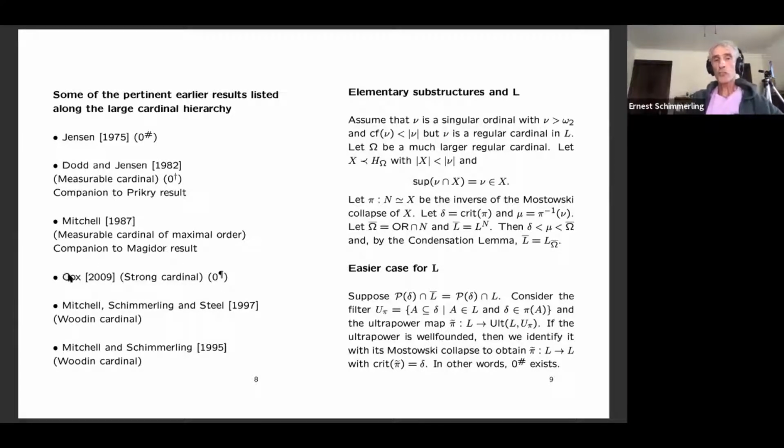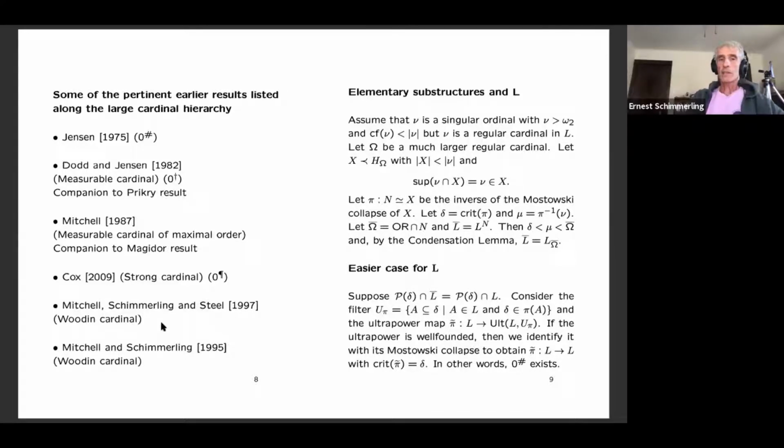So Sean Cox proved this theorem under the more restrictive hypothesis, and the techniques we use owe a debt to Cox's paper as well. So it kind of combines his paper with the earlier paper with Mitchell.